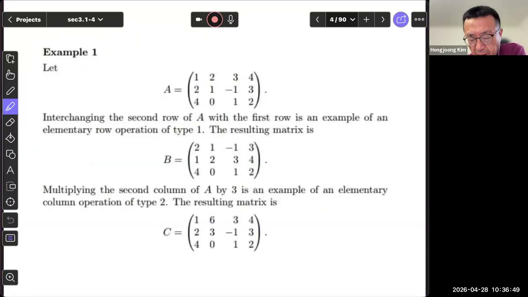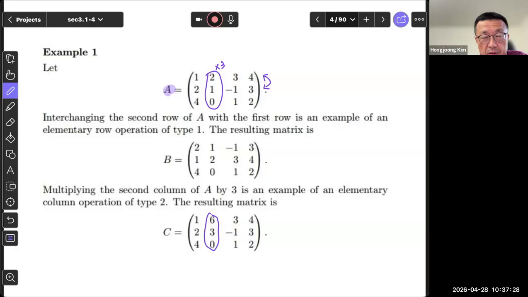For example, given A, if you interchange the first row and second row, you get the B matrix. Or if you multiply 3 to the second column of A, then you get 6, 3, 0 as the second column of the C matrix.